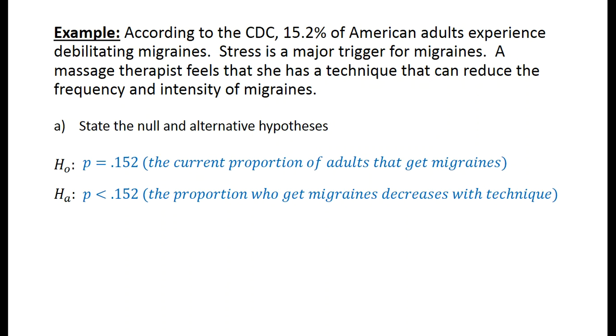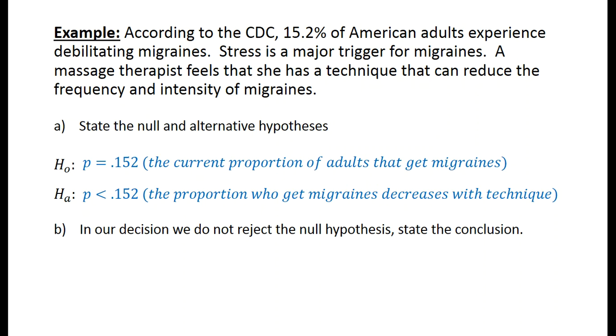So that's our alternative claim. p is less than 0.152. And that's the proportion decreases with this technique. So the wording behind it, I strongly encourage. You won't have to write this in Ohm, but it helps you write everything once you get to your conclusion.